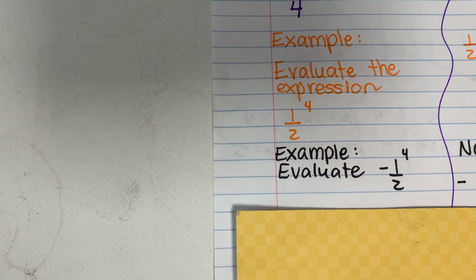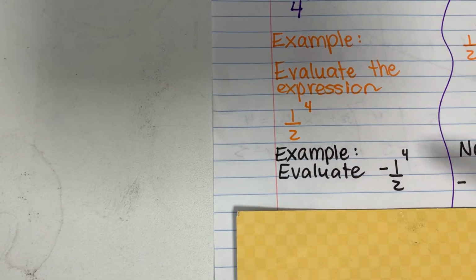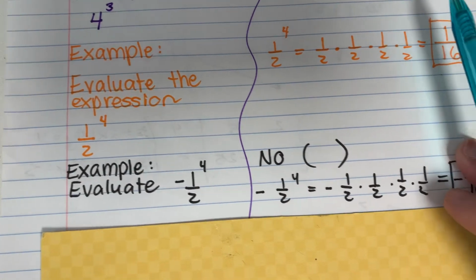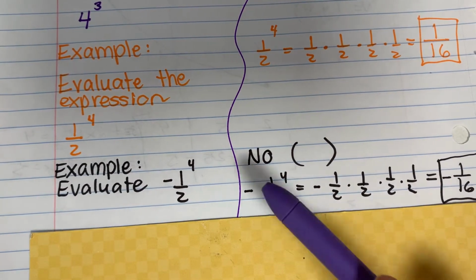So, evaluate negative 1/2 to the 4th. Now, this gets a little tricky because this negative is not part of the base. This negative does not have parentheses. So let's take a look at what this means. This means do the opposite. Take the opposite.